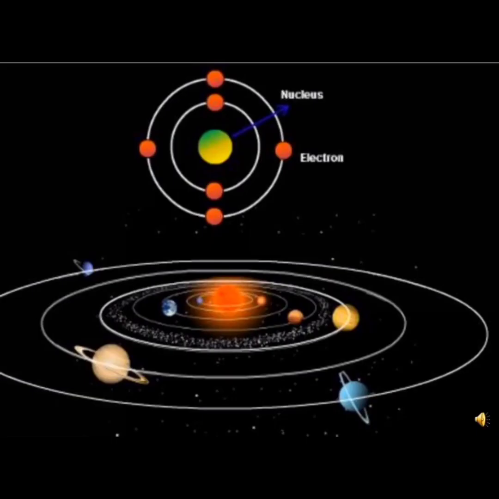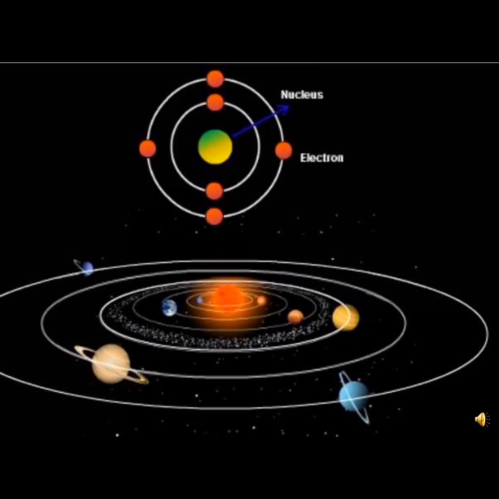Now if you look at this diagram, dear children, you see that there is a solar system drawn, and you also have the structure of an atom drawn. If you look at it closely, you can relate it like this: the sun is like the nucleus of the atom, present right in the center, and around the sun you have the planets revolving around it.